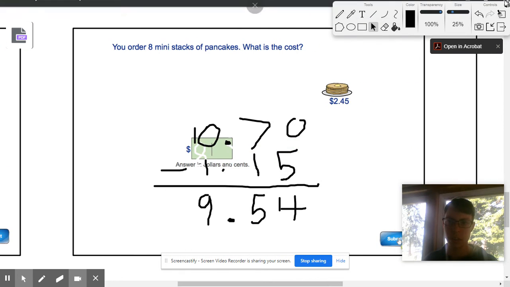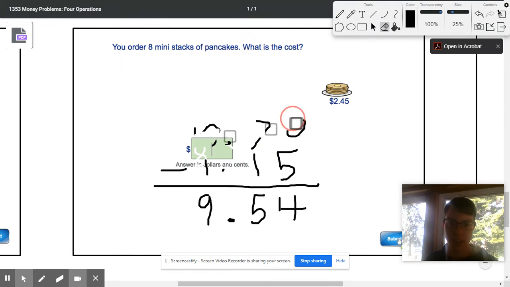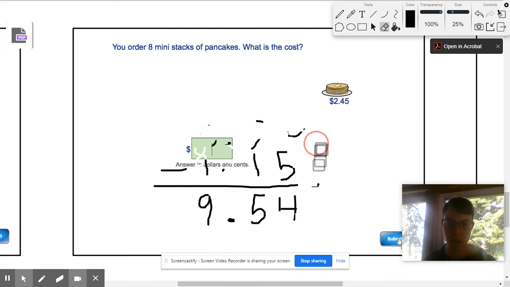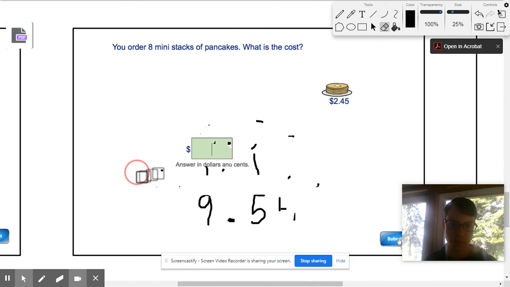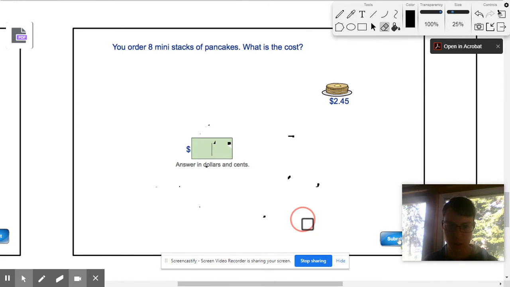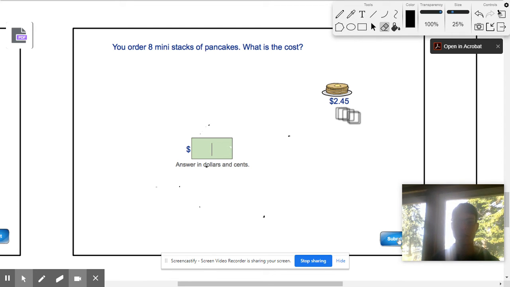All right. Oh, gotta erase that because that seems to follow me. Okay, that's good enough. Here we go. You order 8 mini stacks of pancakes. Okay, what is the cost? So here you have to look at the picture. Mini stack of pancakes is $2.45.